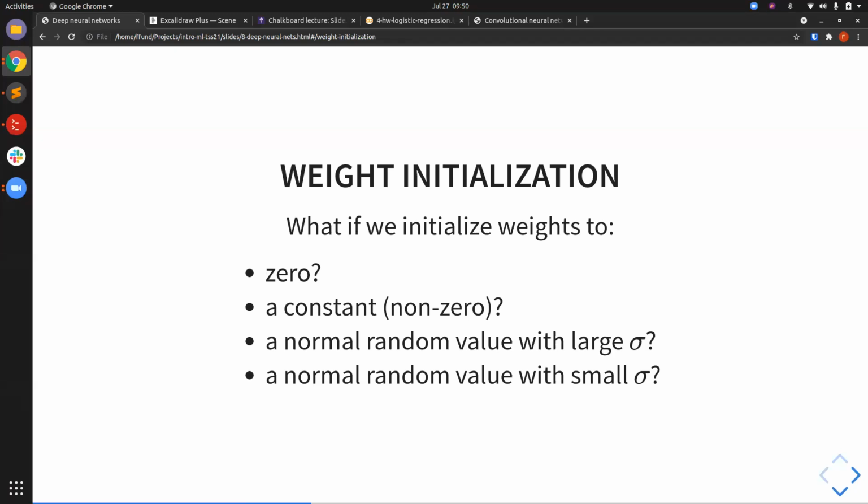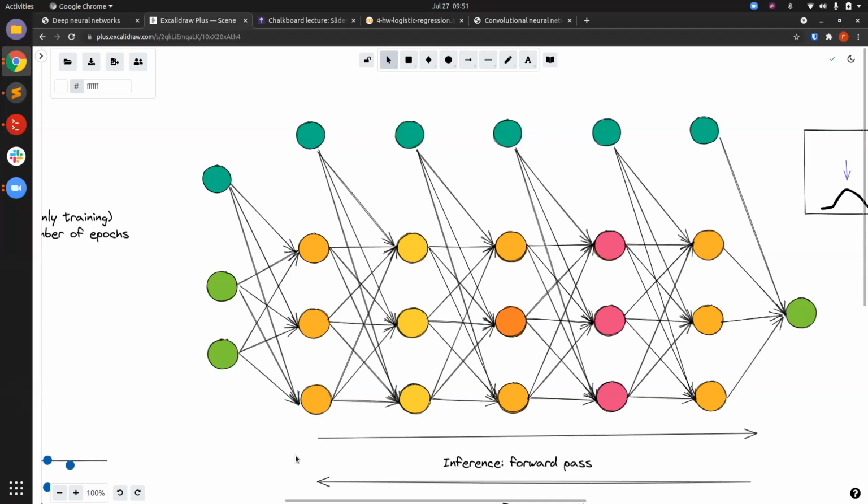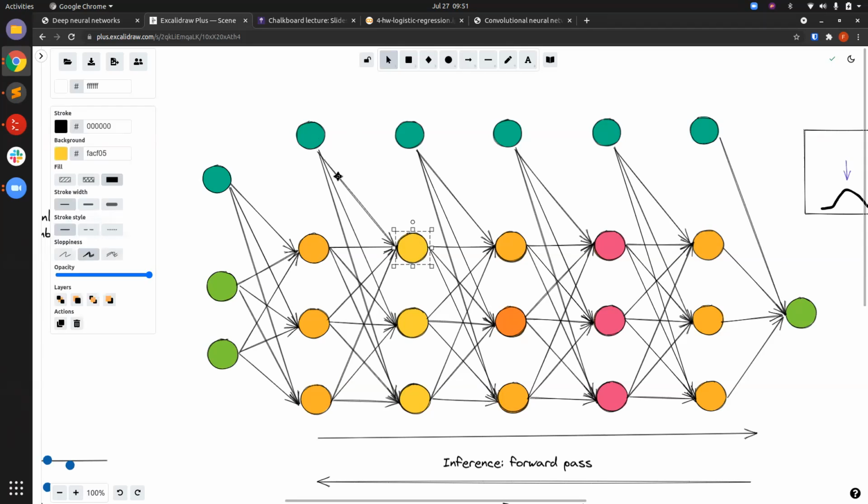Your first instinct is often to initialize everything to 0. Why is that a bad idea? What would happen if we initialized all the weights and biases in our network to 0? Remember that at each unit, the input to the unit is the weighted sum of inputs.